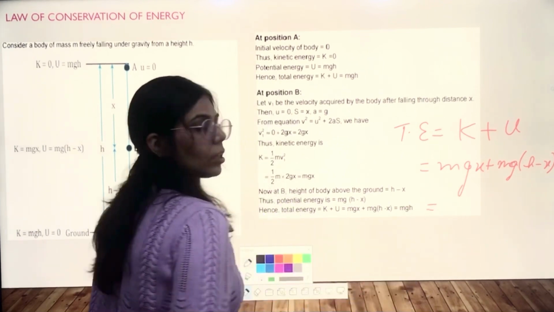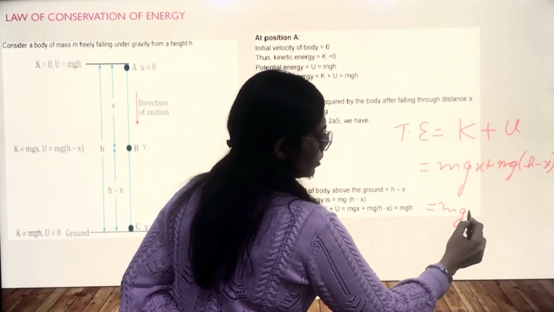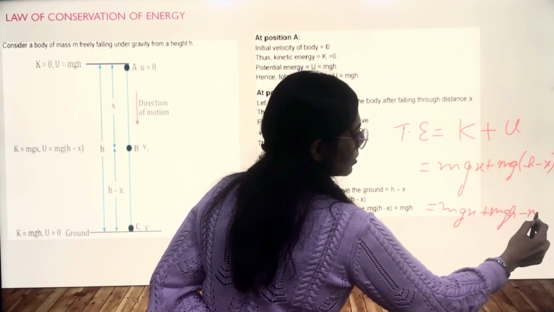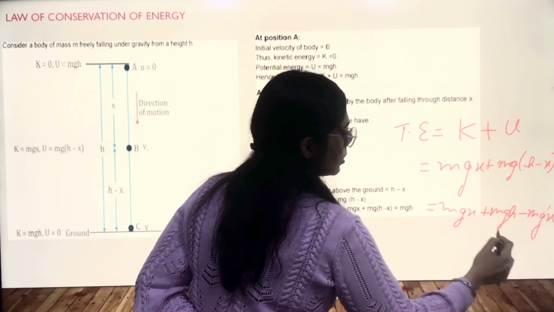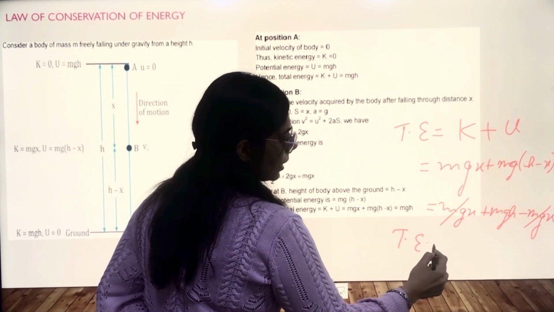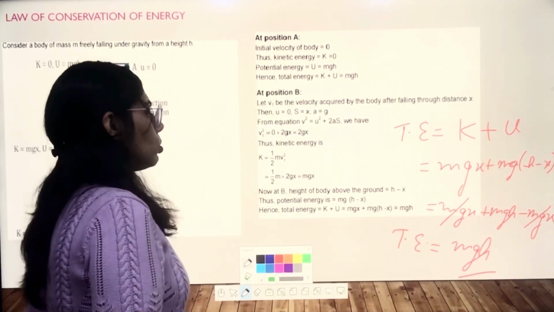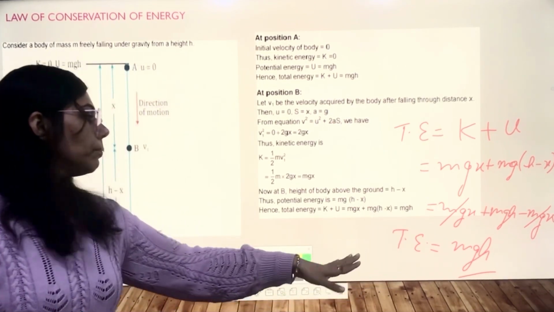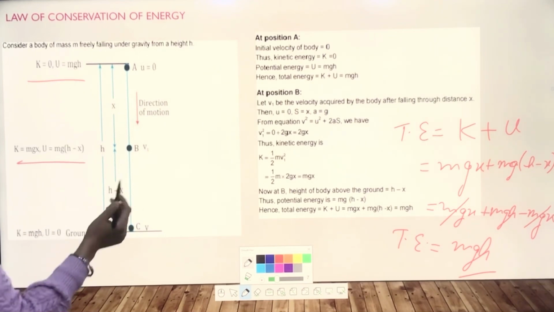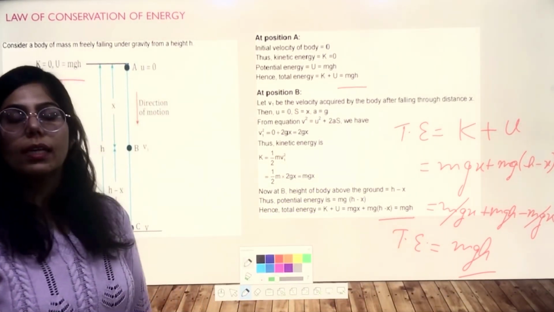This is equivalent to mgx plus mgh minus mgx, and these both will cancel out, and the value we obtain is mgh. So the total energy at point B will also be mgh, and at point A the total energy was also mgh. So in both these cases the value is mgh.